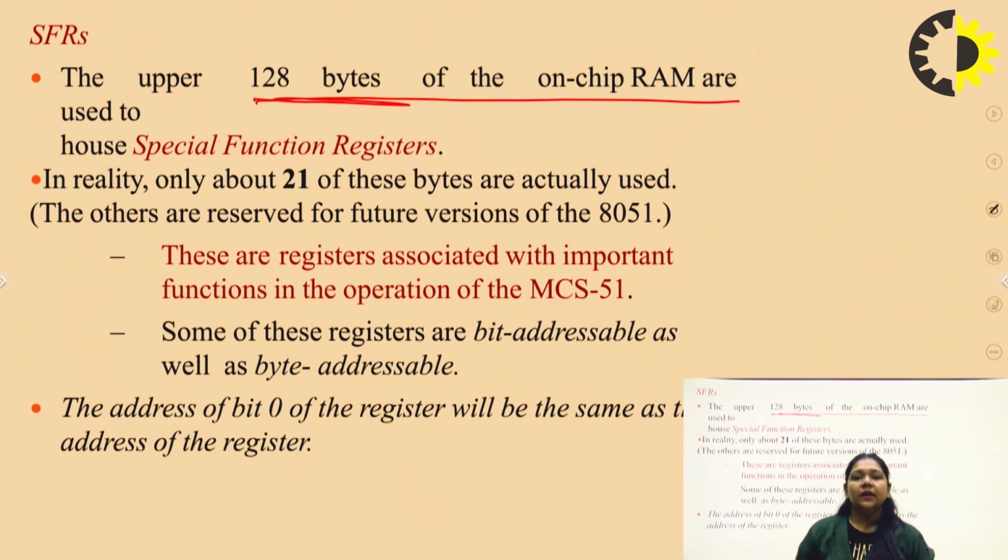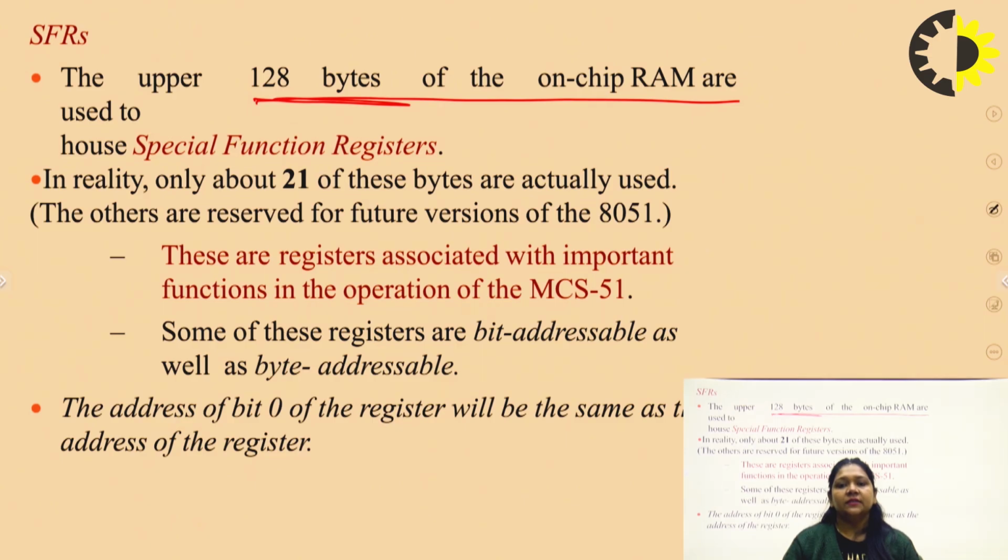The normal 128 bytes which we have for RAM is used as we have done in memory organization as well. The 128 bytes contain the register banks RB0, RB1, RB2, RB3. These 4 register banks were there.